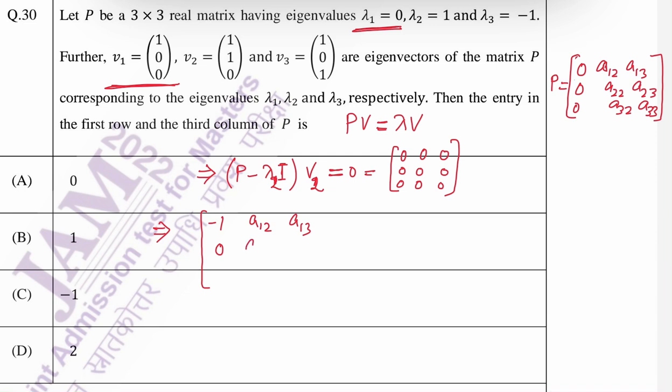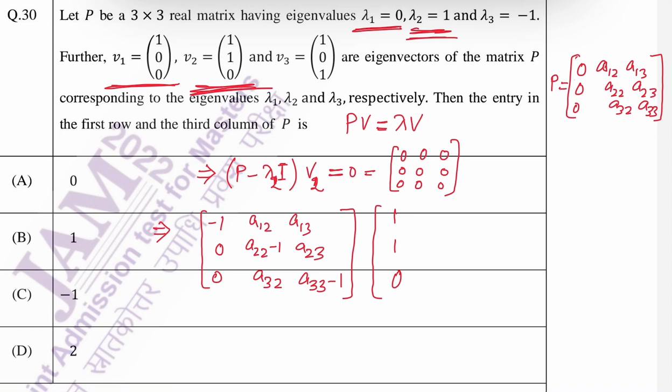Here will be 0, here a22 -1, here a23, here 0, a32, and here a33 -1. And v2, you observe that lambda 2 is 1 and v2 is this column matrix, that is 1 1 0 this time, and this equals the null matrix.